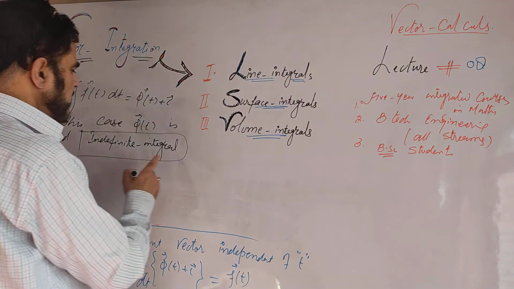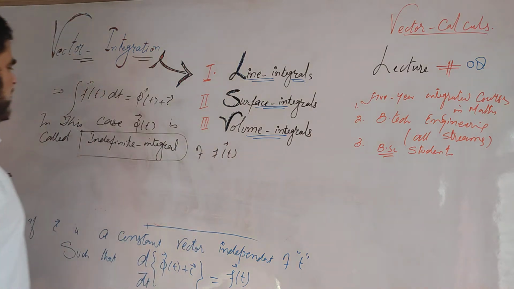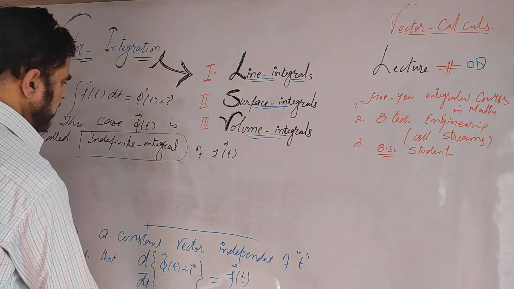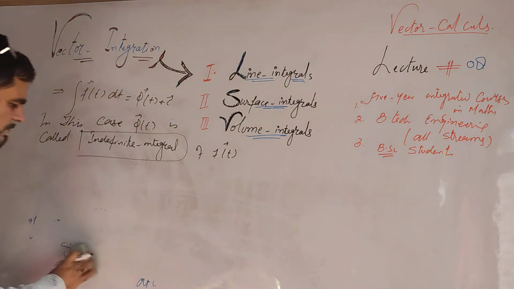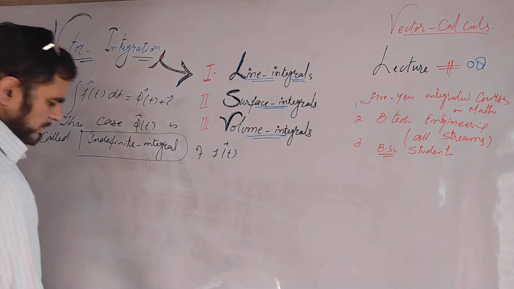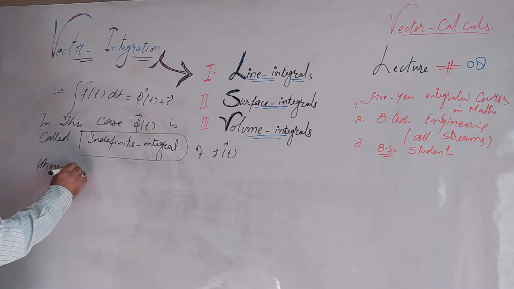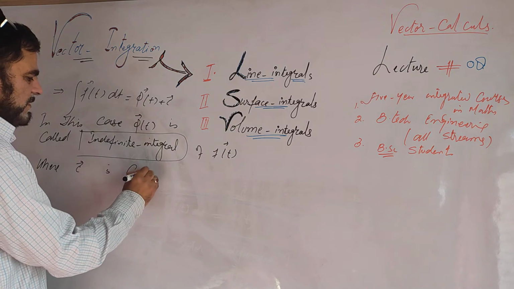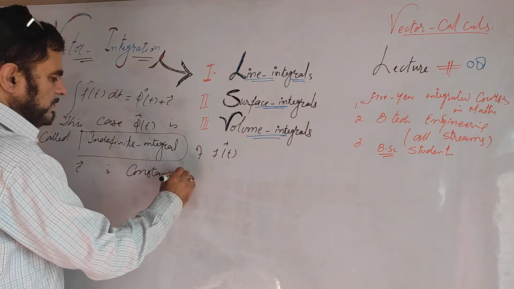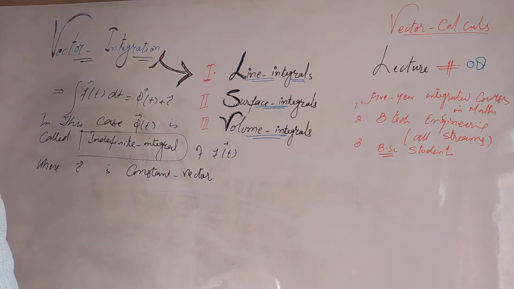It is the indefinite integral of f of t, where C is a constant vector, just as in indefinite integration you have a constant of integration.